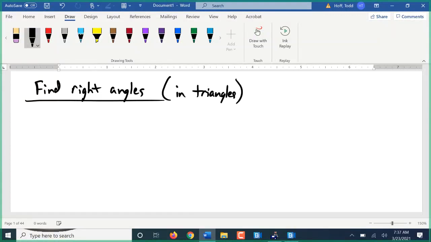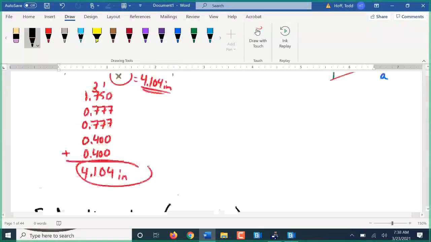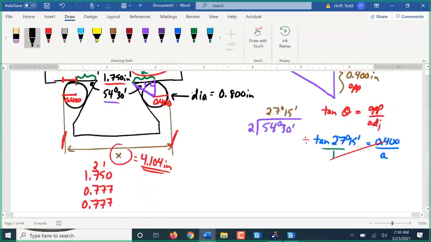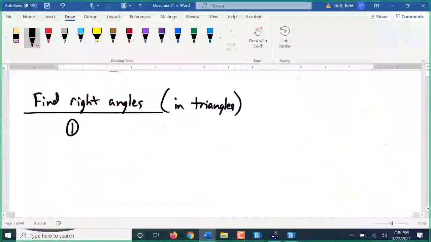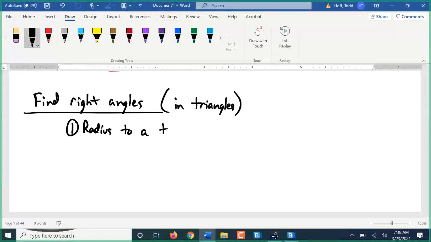But if we find the right angles first, we can generally find a triangle that fits around it. So the one strategy we've used mostly so far is the one we used up here, which is just the radius of a circle going to a tangent. And that is a very common way of finding a right angle.